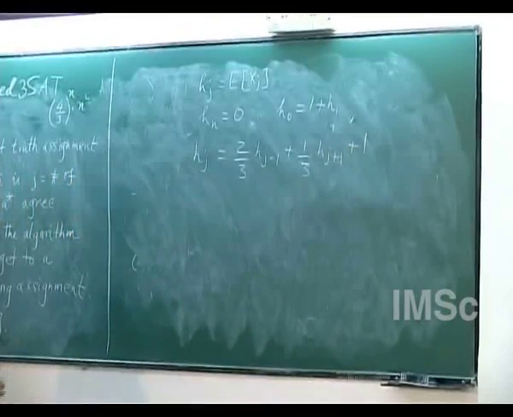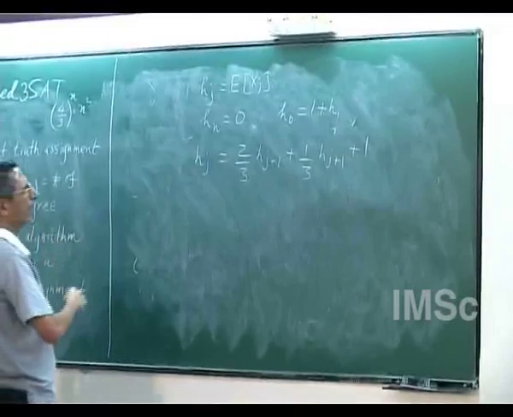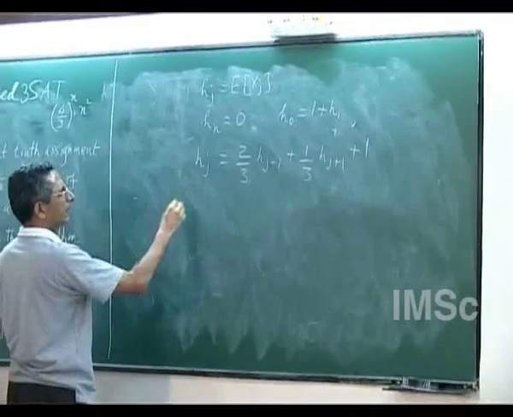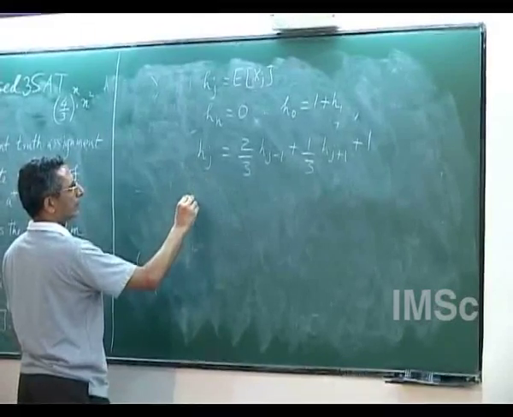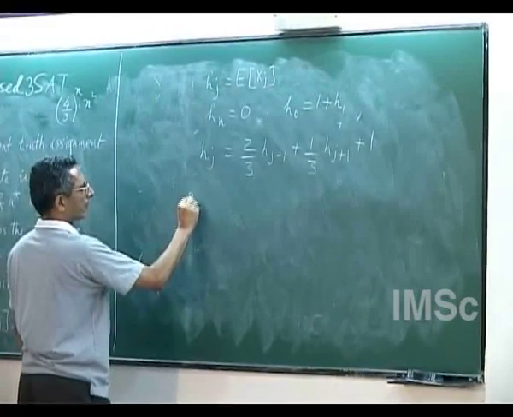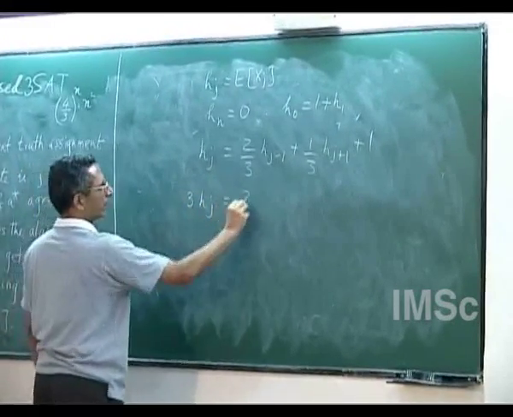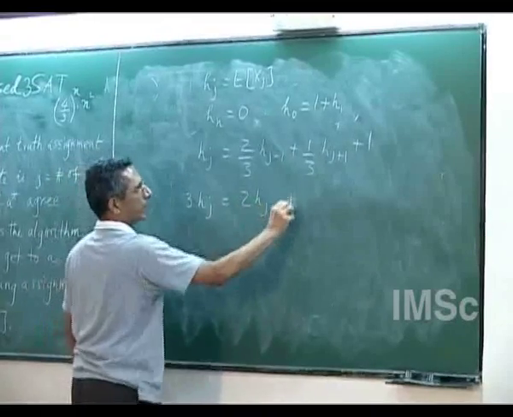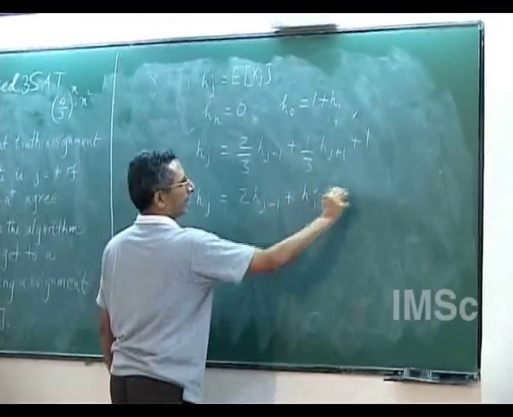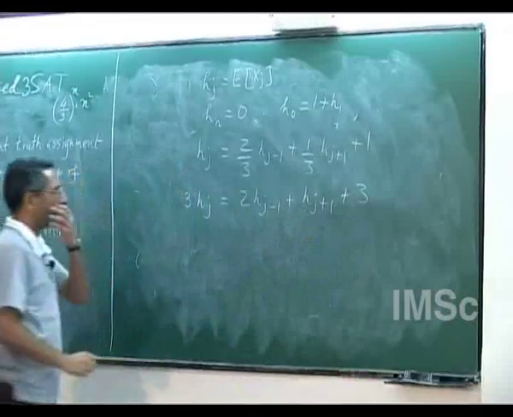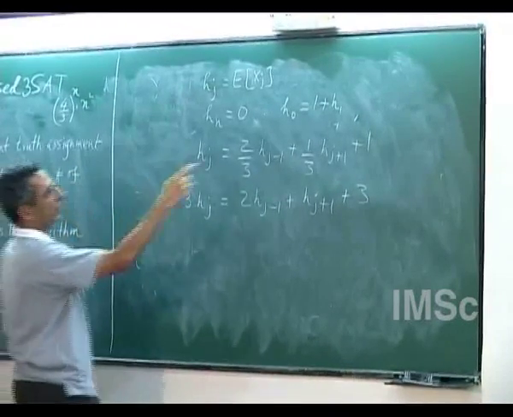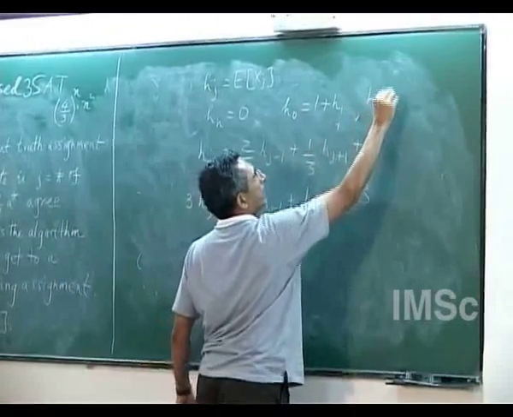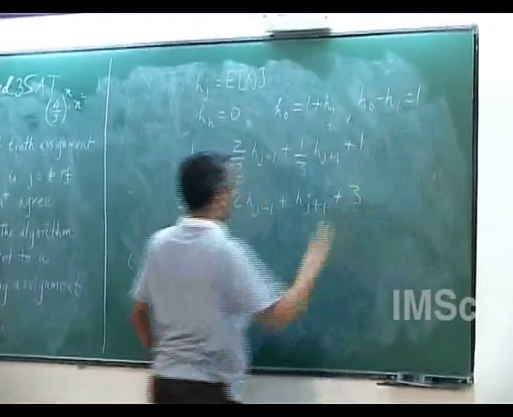So if we simplify, note that you're going to get 3 h_j is 2 h_{j-1} plus h_{j+1} plus 3. So move things around. So we know that h_0 minus h_1 is 1.